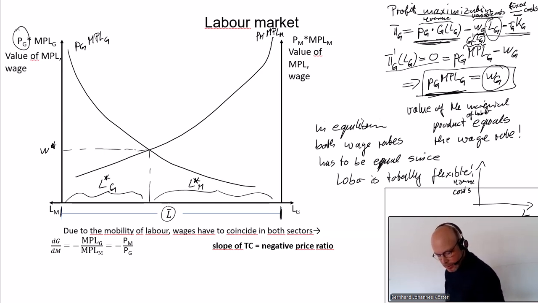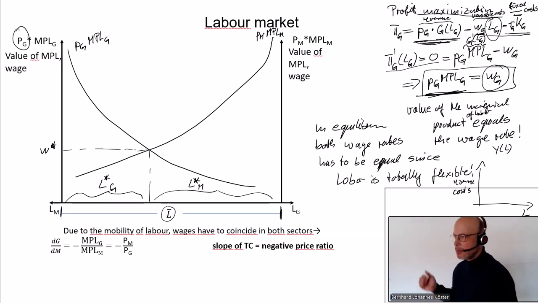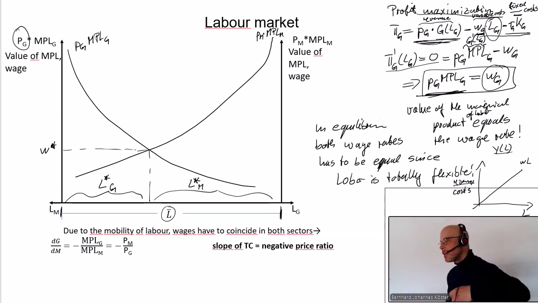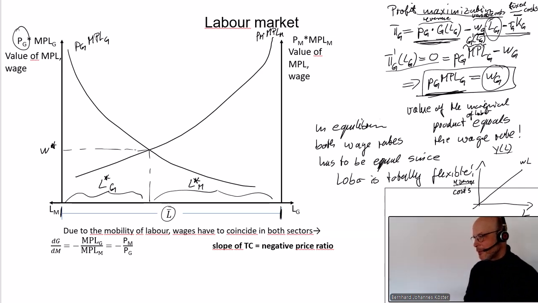Now let's say our production is y of L. So this is our production function. What have we then? The cost function is just W times L. This is a linear line starting from the origin with the slope of W. Revenue is price times production. The production function is this right-bended curve. A right-bended curve times the price is still a right-bended curve, because I'm multiplying this just with a constant.